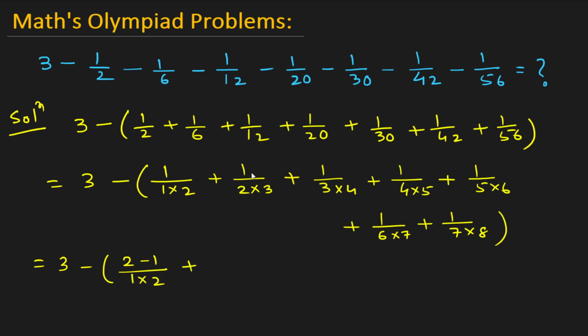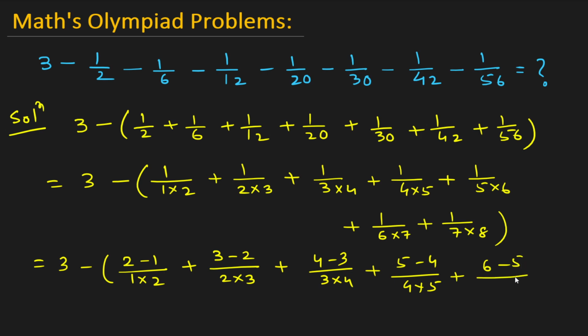In the second term also you see there is 1, so in place of this we are going to write 3 minus 2 divided by 3 into 2, then 4 minus 3 over 3 into 4, 5 minus 4 over 4 into 5, 6 minus 5 divided by 5 into 6, 2 more terms, 7 minus 6 over 6 into 7, and the last term is 8 minus 7 divided by 7 into 8, okay?